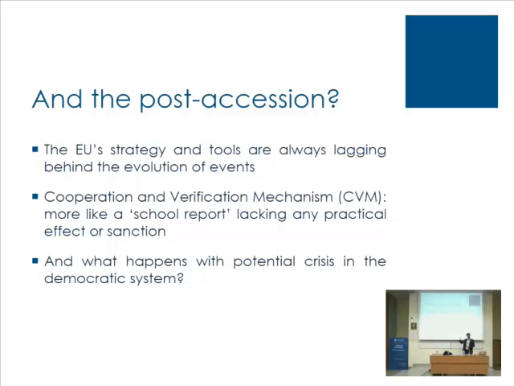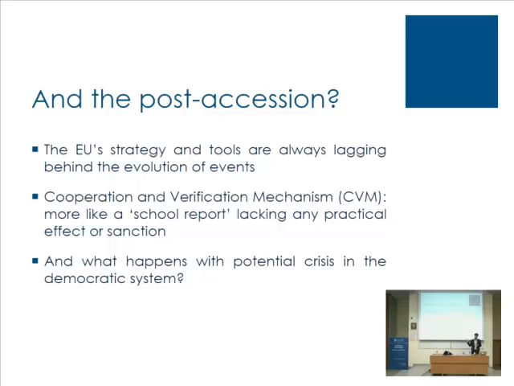So even after Romania and Bulgaria became member states with the rights and obligations of other member states, the EU Commission introduced this monitoring tool, to look at the reform on judiciary and the reform on anti-corruption.